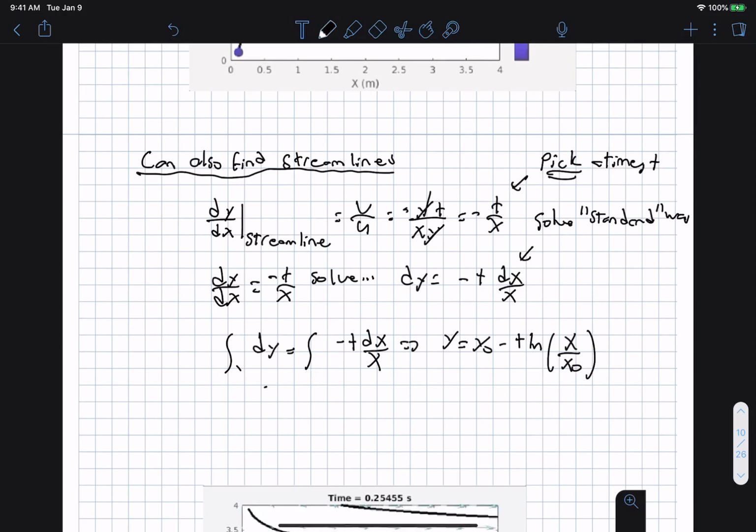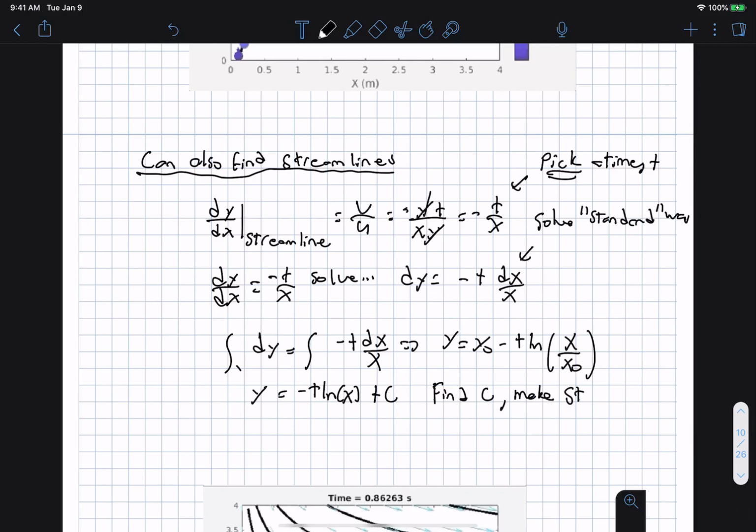And instead you would have y equals minus t ln of x plus some constant, and then you just solve for the constant C to make the streamline pass through x naught and y naught. Okay, you basically force the streamline to pass through a point.